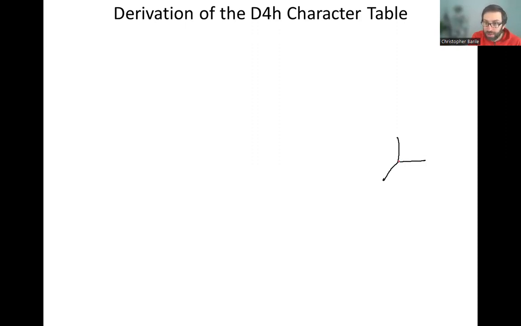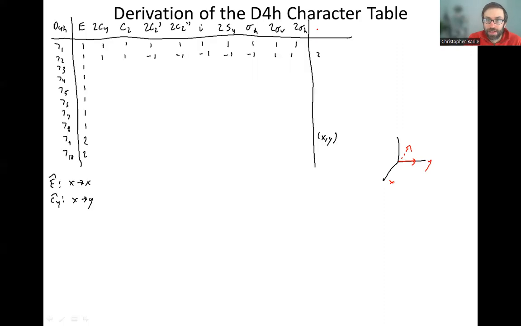So here was our y vector. Let's say this is y. It's going to spin there. This was x. So y is going to go into negative x. So x went to y, and then we just figured out that y went to negative x.